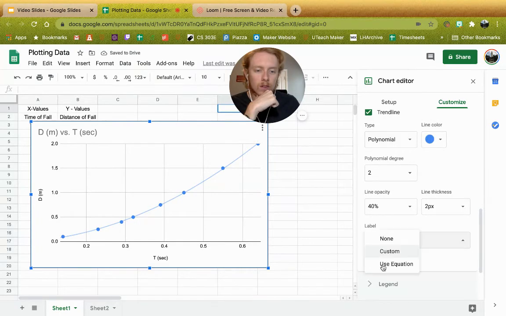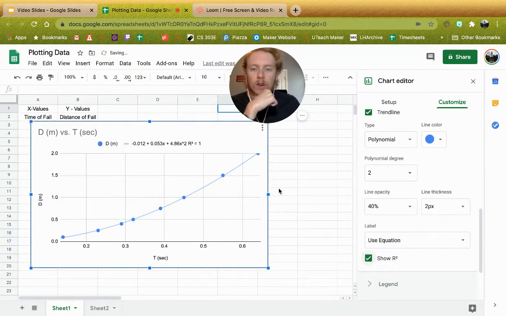If you notice, we have an R squared value of 1, meaning it's a perfect fit. So that's awesome. I guess that means this must be a quadratic, since it's a power 2 equation. Must be a quadratic relationship between the distance it falls and the time it has been falling.